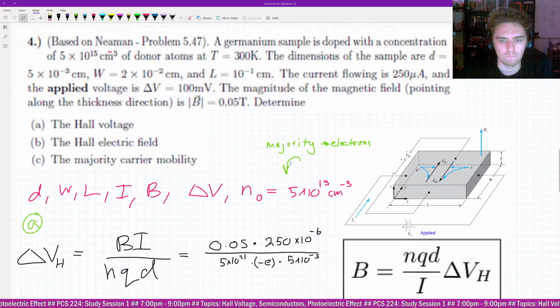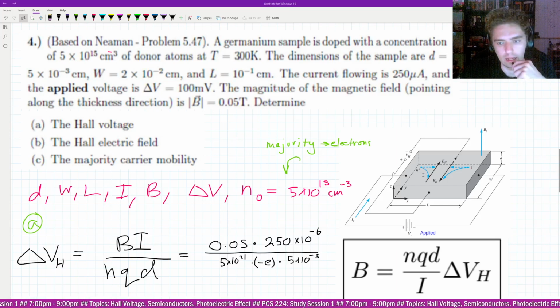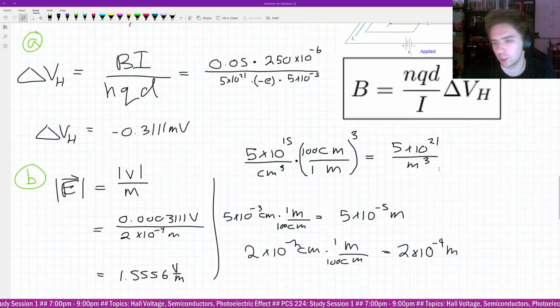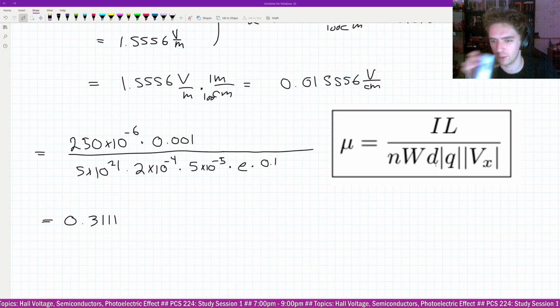If it's moving across L, it's moving in the direction of L, and so the voltage across there is the applied voltage. Okay, that makes sense. So you would need that voltage to determine its mobility, because that's what's helping it move. The Hall voltage is perpendicular, so it shouldn't make a difference. Exactly. Okay, thank you. Obviously, there's much more reasoning you can put into that, but that's a good explanation, at least for now.